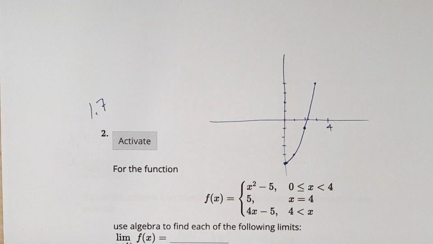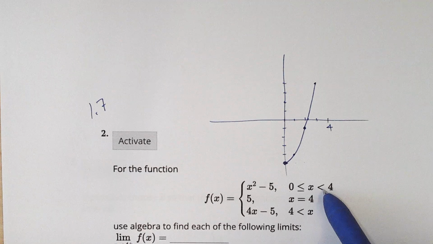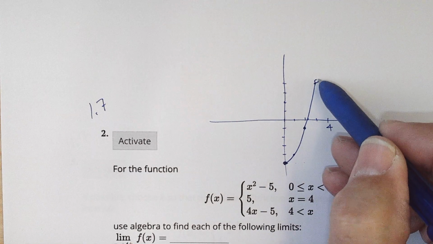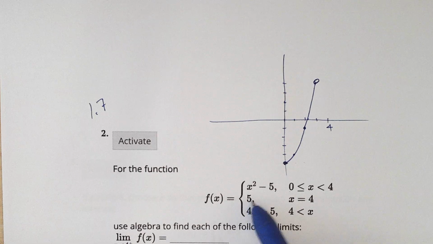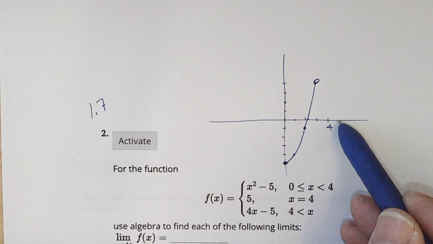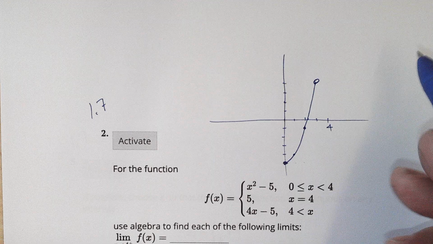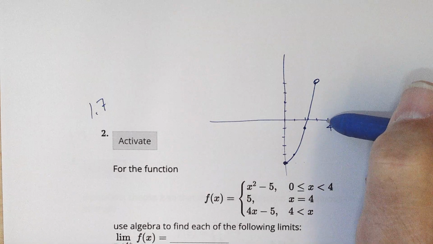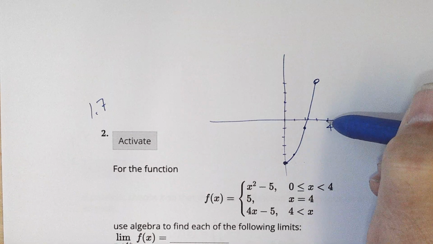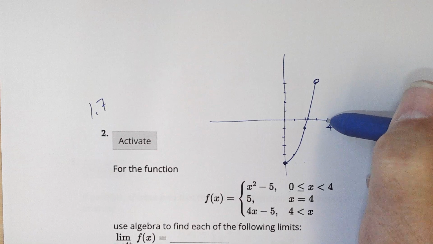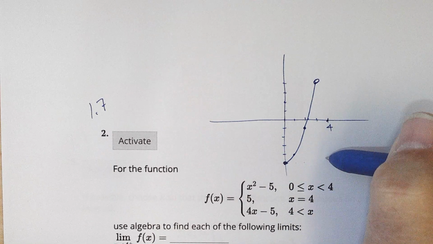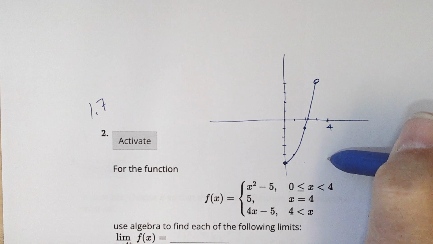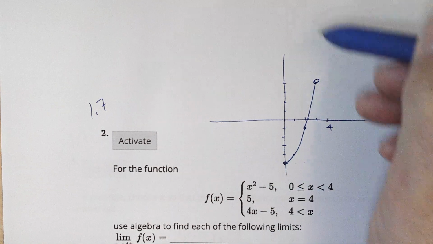Okay? And this is a solid dot here, and this one's open. And then at 4, if I go over 4, 4 squared is 16, minus 5 is 11.